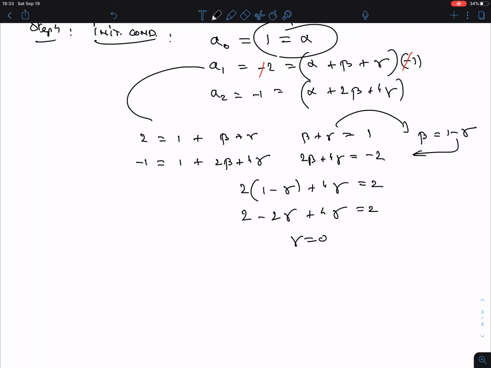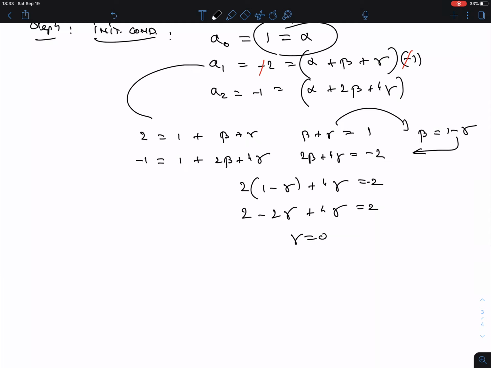What did I do? 2 minus 2 gamma plus 4 gamma is -2, right? Yeah, -2. Oops. I'm not saying it was impossible, but I looked at the example before and I didn't remember that there was a 0 there. So it is a -2 there.